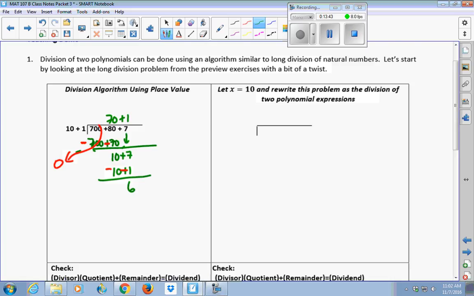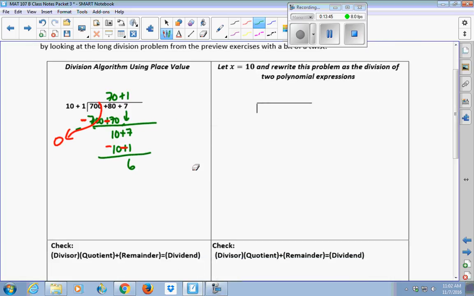So the fact that I have a remainder of 6 tells me that 11 is not a factor of 787, because it has a remainder. The fact that it has a remainder of 6 means it's not a factor.